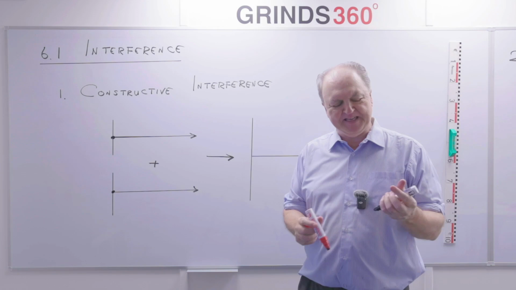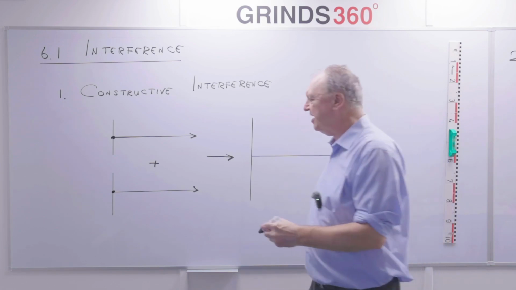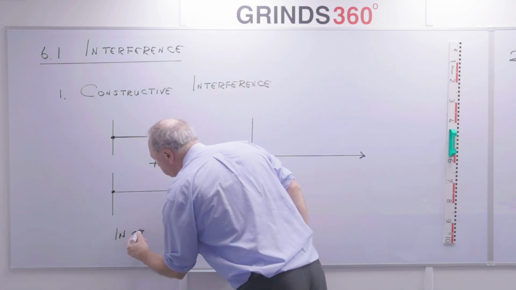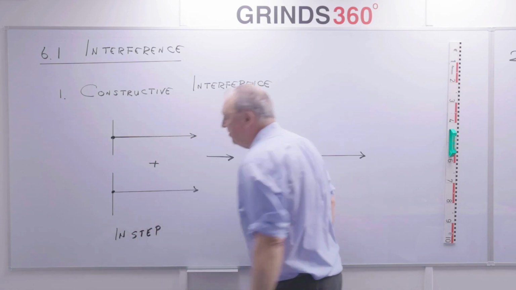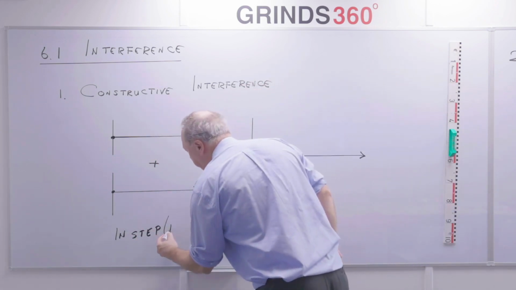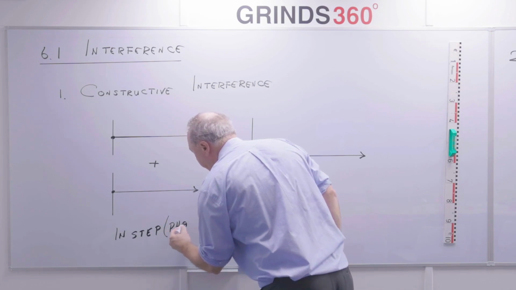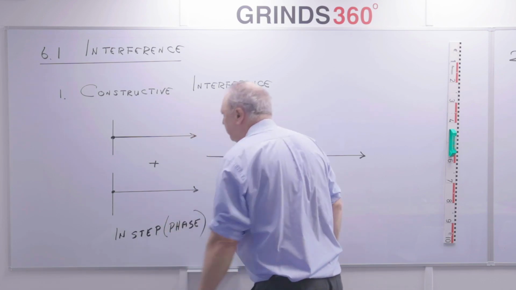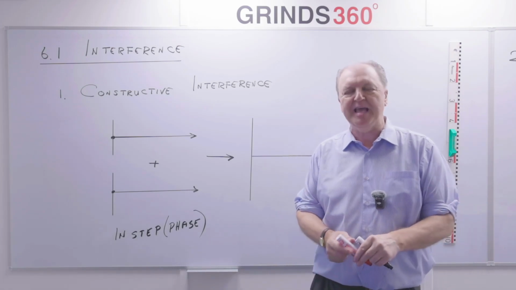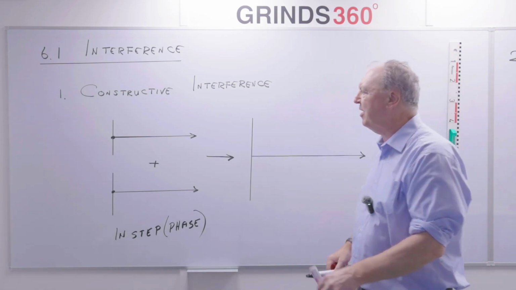Because they're starting together, I say they're starting in step. Or another way of saying in step is in phase. So my 2 waves are in phase. Everything about my waves is going to be the same. They're going to have the same amplitude, same frequency, same wavelength.